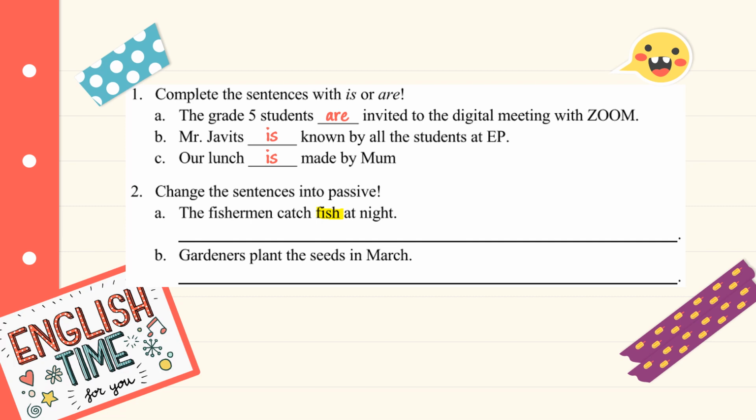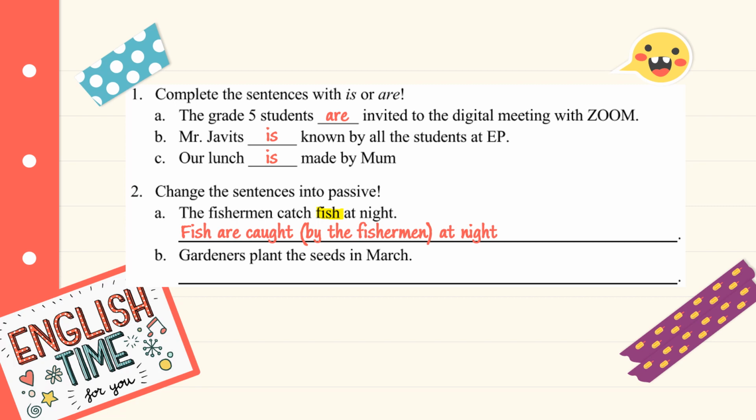That's why you use are. Remember that the plural form of fish is also fish. One fish, two fish, three fish. So the answer is fish are caught at night. You can add by the fishermen or you can leave the fishermen out because it's not specific.